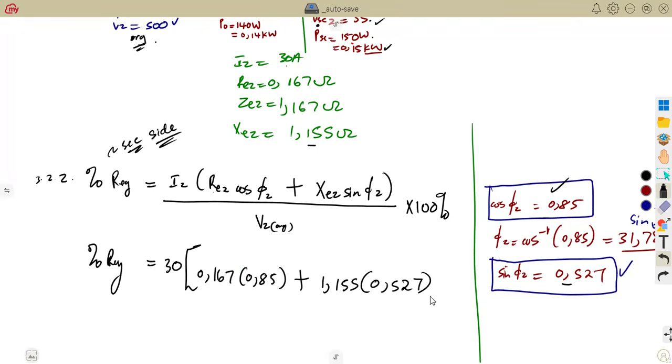All right, everything over V2, the original voltage that you're given, which is 500.